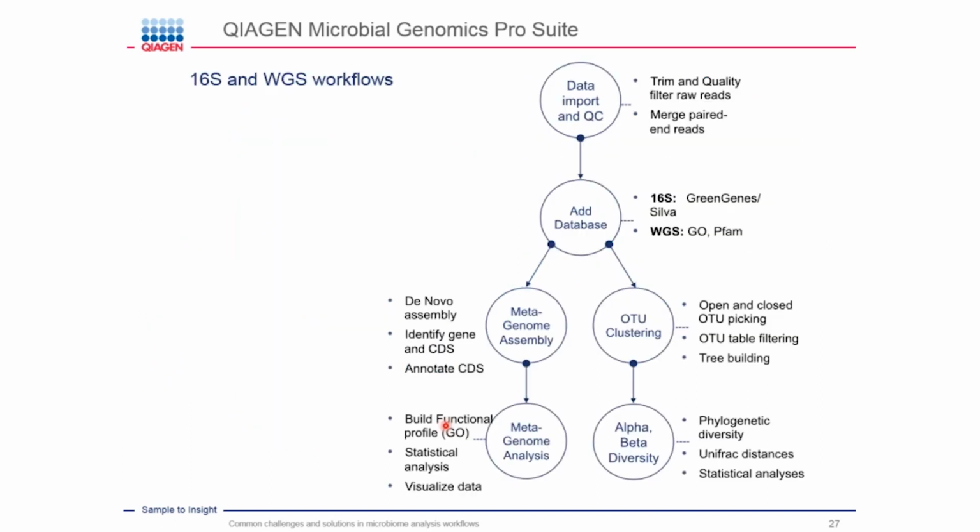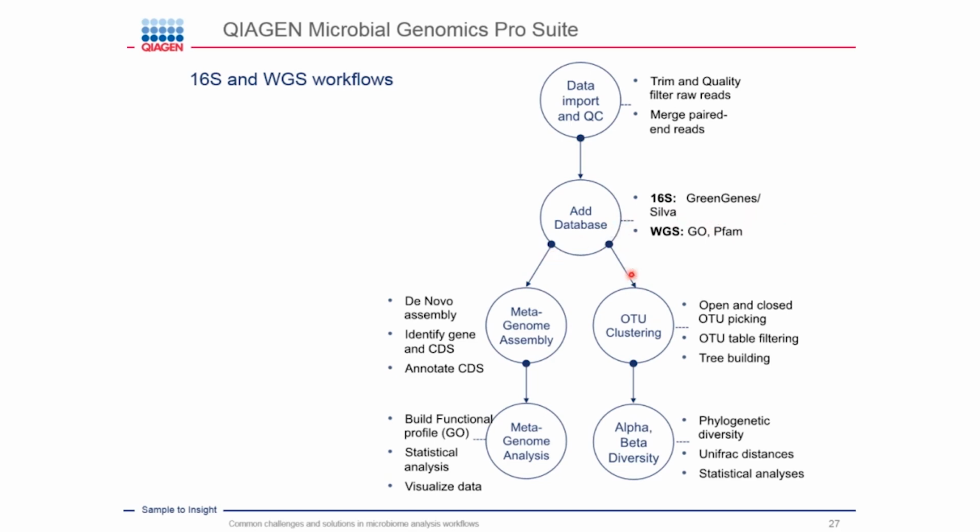I have here a bit more detailed overview. As said, we start with the data import, then the software does the trimming and the quality filter of the raw reads. It will merge the paired end reads, so the forward and the reverse read for your sequence, and then you can use the database you want. For 16S, you can either choose between the Greengenes or the SILVA database.